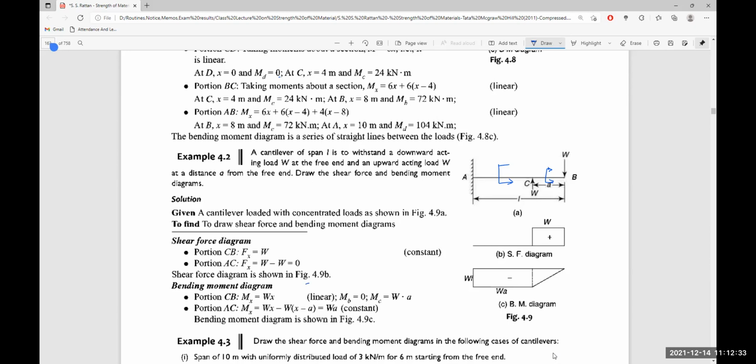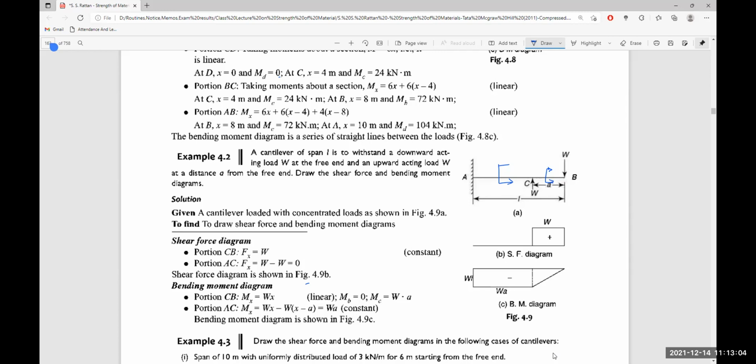Now the bending moment diagram. Mx is equal to W into x, where x is the distance from the free end P. So Mx at the free end is 0, and at the upward load Mx is W into a.